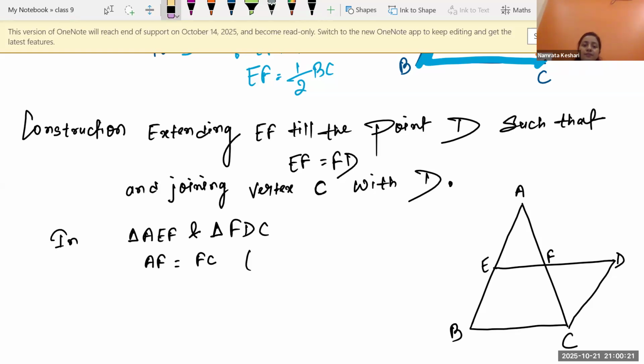Making sense? Yes, ma'am. Okay, you know that AF and FC are equal in length. Then you know the vertically opposite angles over here and over there. So you will be able to say angle F over here is equal to angle F over there.